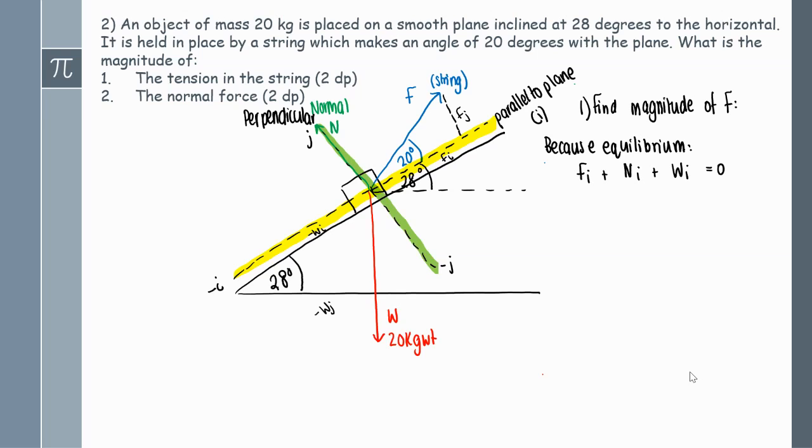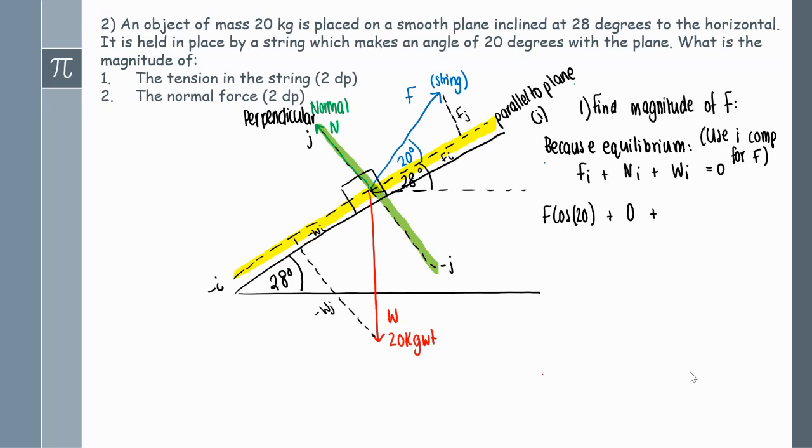To find out what each of these are, we can use our formulas. You could also use Fj plus Nj plus Wj equals 0, but I tend to use the I component when we're looking for force F. We know Fi is F cos of 20. We know that Ni, well, that normal force has 0 I direction, so that will just be 0.